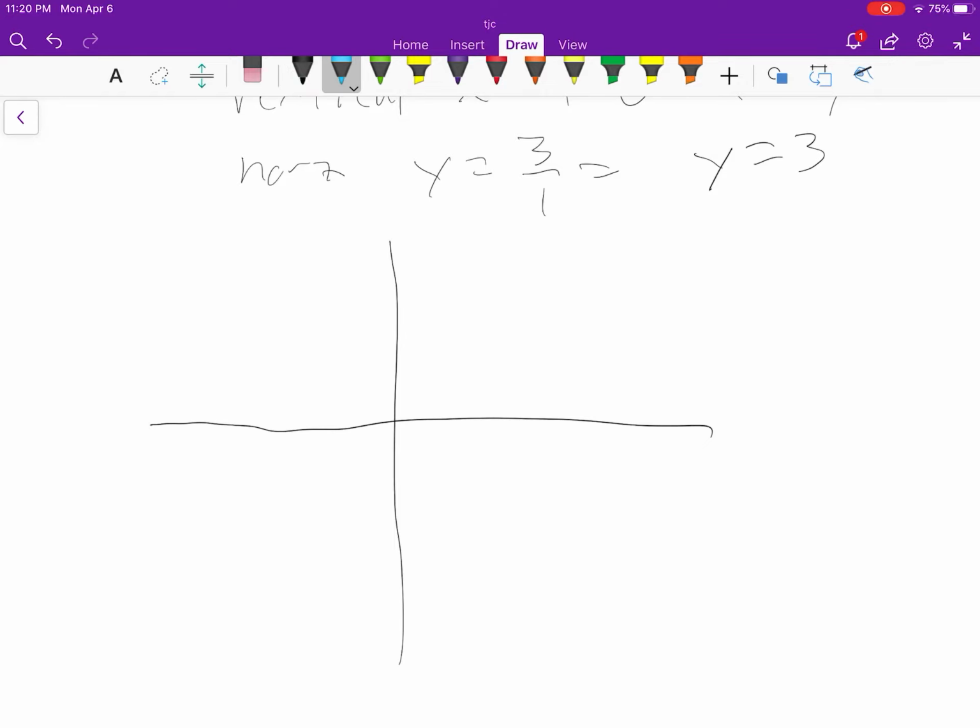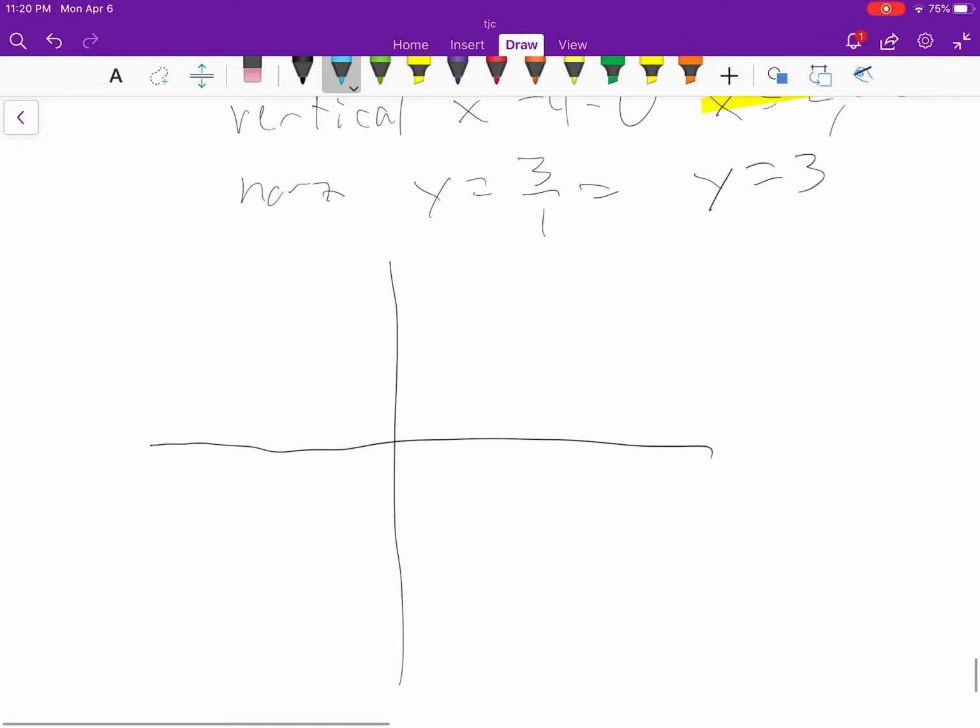What we have so far is vertical asymptotes at -2 and 2. So we have vertical asymptotes here. And we have a horizontal asymptote at y equals 3, which is here.